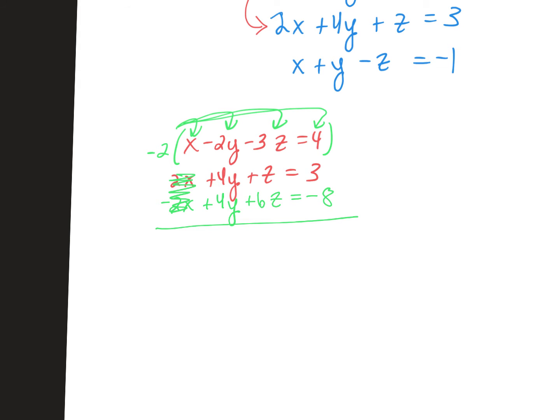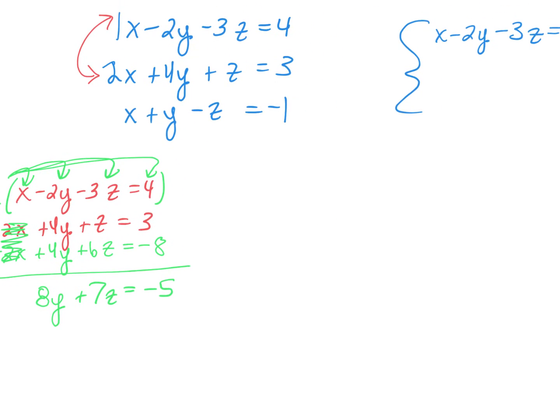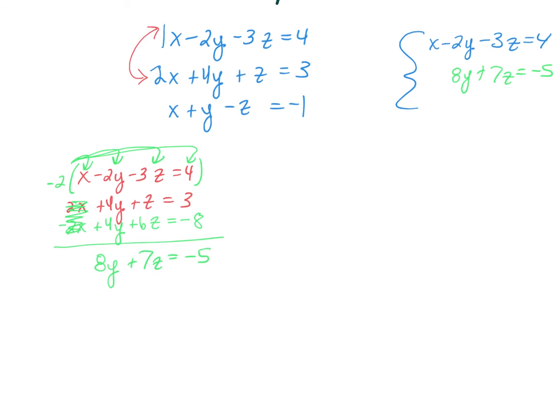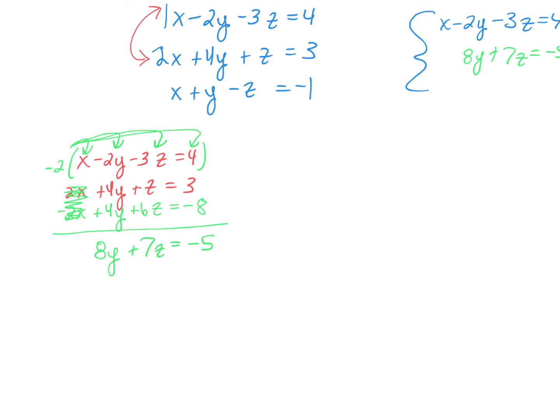What's 4y plus 4y? 8y. What's a positive 1 and a positive 6? 7z equals 3 and a negative 8, which is negative 5. So now my second equation is 8y plus 7z equals negative 5. You guys with me? Yes.